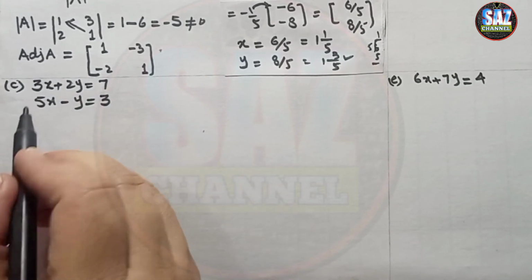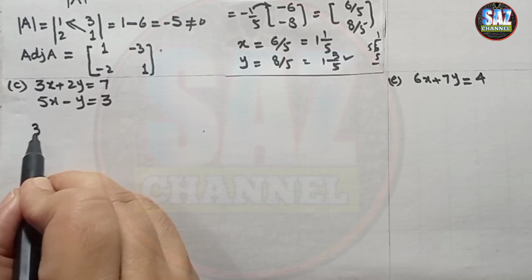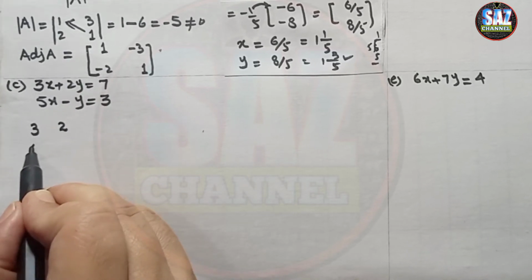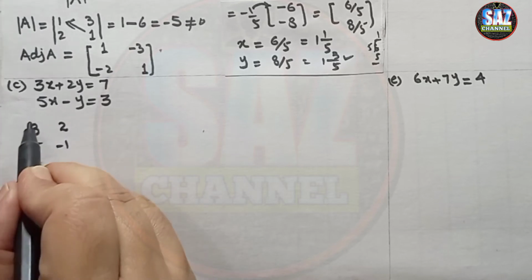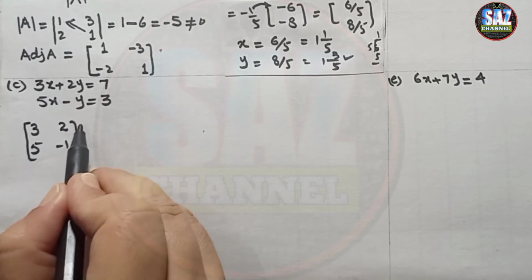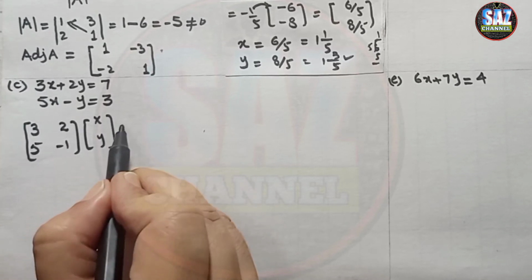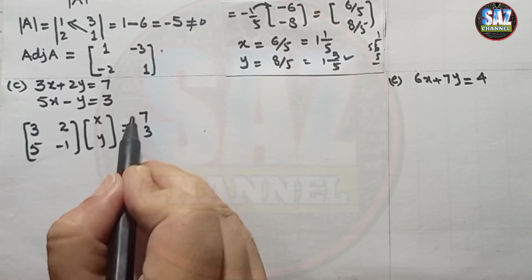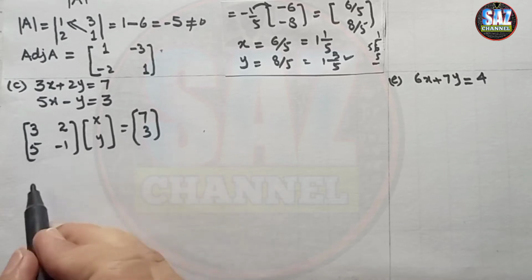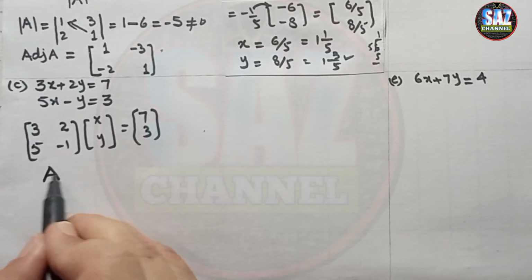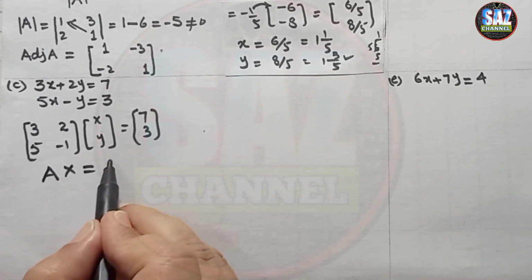So the coefficient matrix will be 3 and 2, 5 and minus 1, into variable matrix x and y, equals 7 and 3. Now we can associate some letters with this so that it can take the form of some equation.